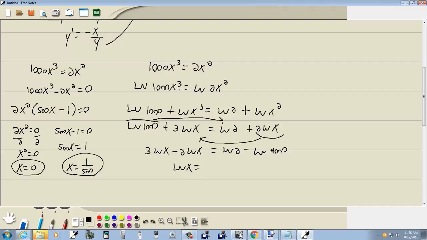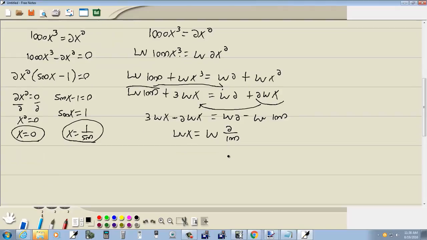And here we got log of something minus log of something. Subtraction becomes division, so that's 2 over 1,000. Now when you get a single log on both sides, you can drop the ln. So you get x is equal to 2 over 1,000, or x is equal to 1 over 500. Now remember what I said. I said sometimes you lose an answer. And we see we came up with this answer, but we lost x equals 0.